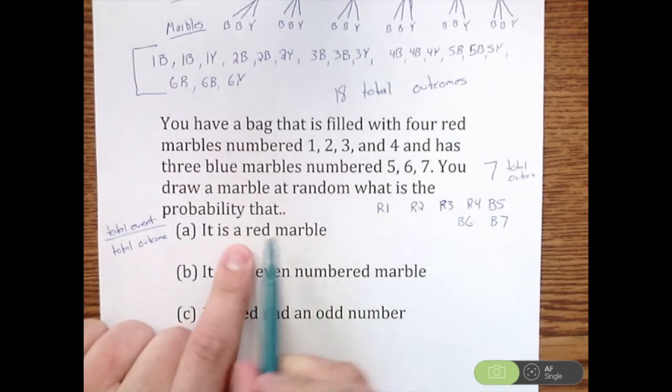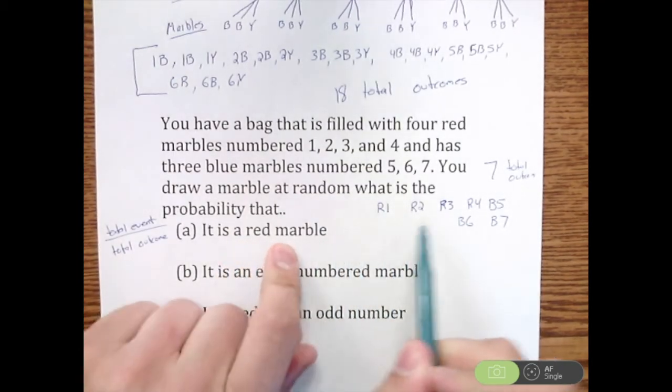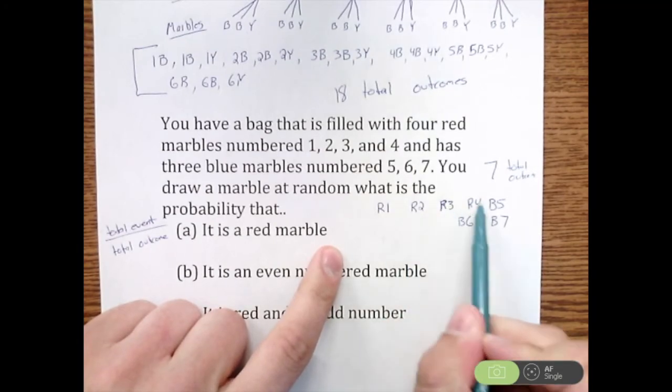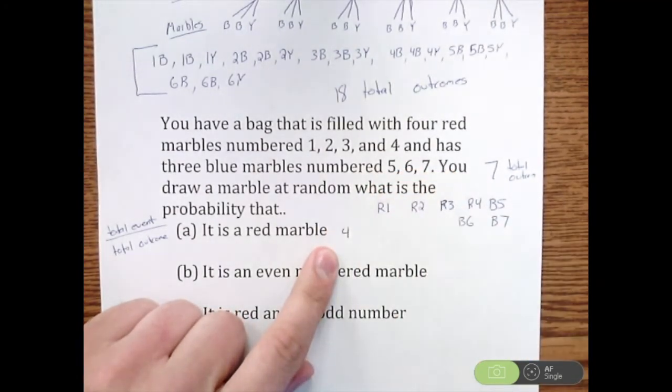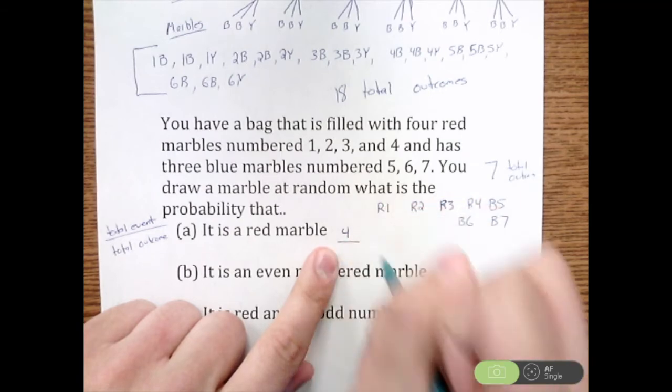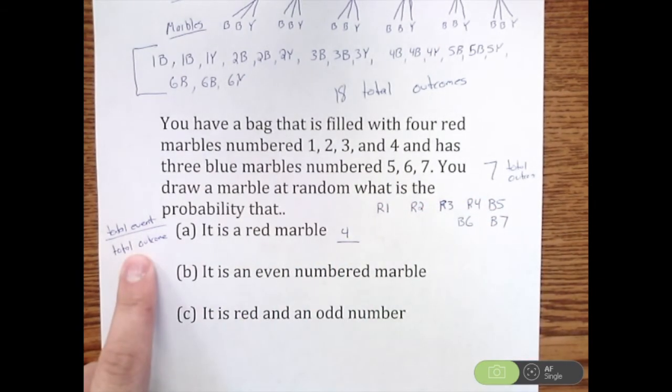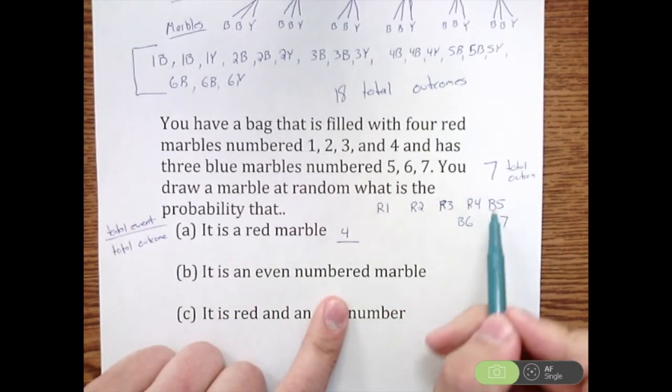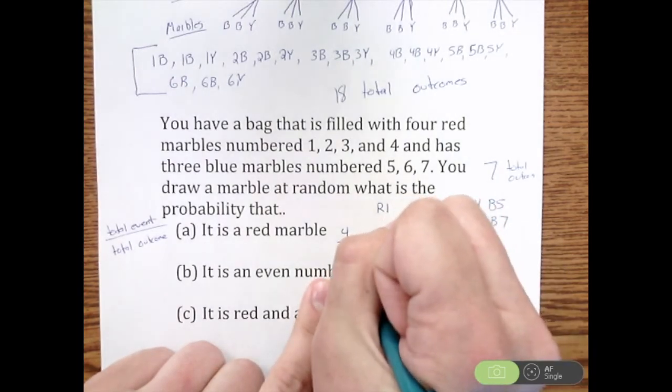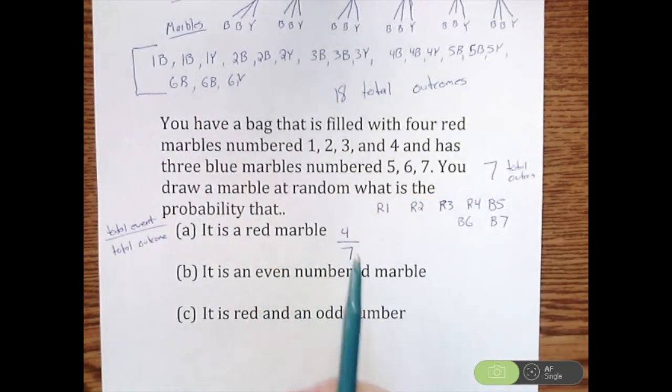So the probability that it is a red marble. How many total red marbles do I have? Well, I have 1, 2, 3, 4 different ways I can get a red marble. So I'm going to have a 4 in the numerator of this fraction. In the denominator, I need the total outcomes. Well, there's 1, 2, 3, 4, 5, 6, 7 total outcomes that could have happened. So the probability that it's a red marble is 4 out of 7.